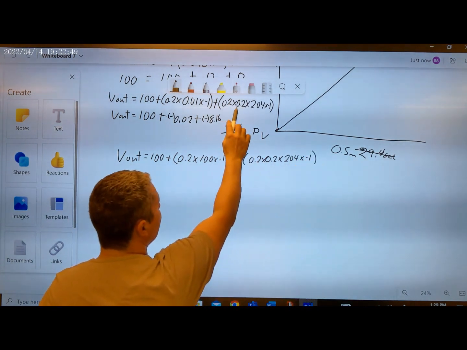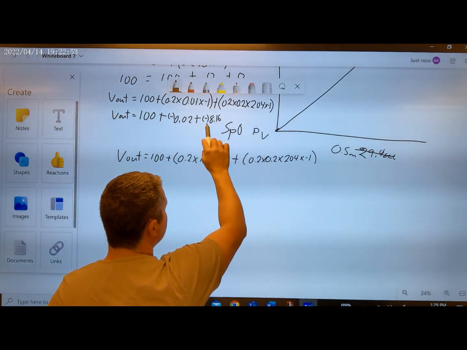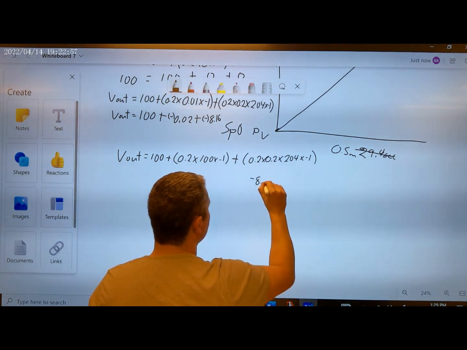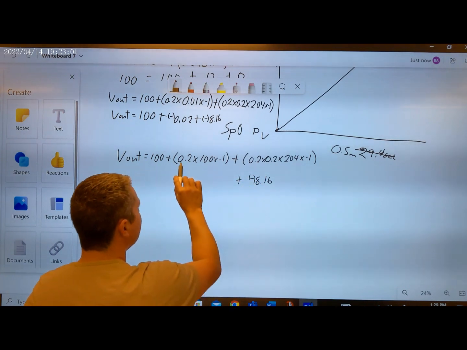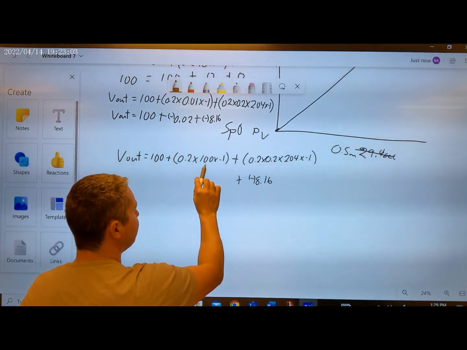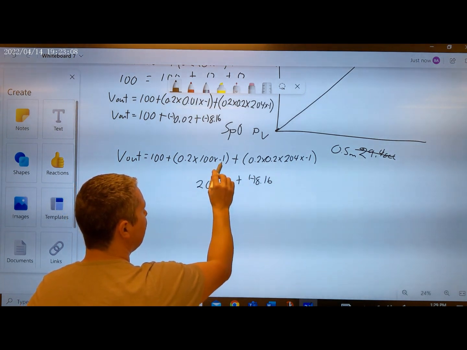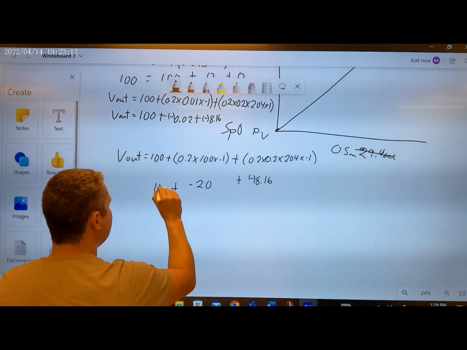Well, because we already know that 0.2 times 0.2 times 204 times 1 equals negative 8.16 plus 0.2 times 100 equals 20, and we have times -1, which equals -20, plus 100.